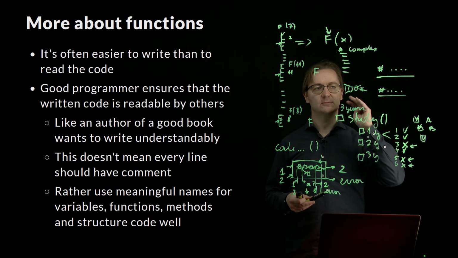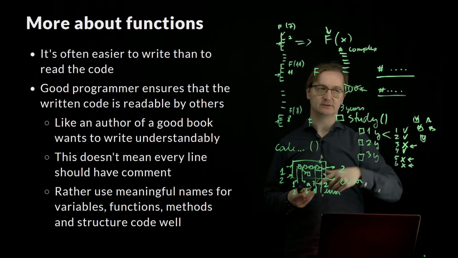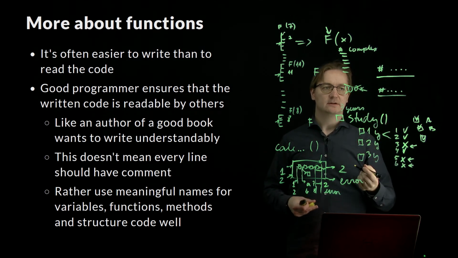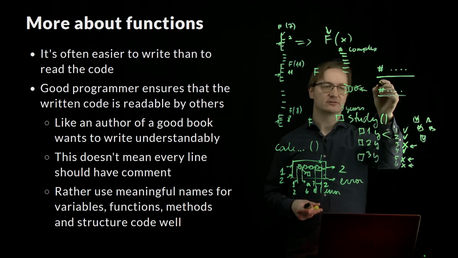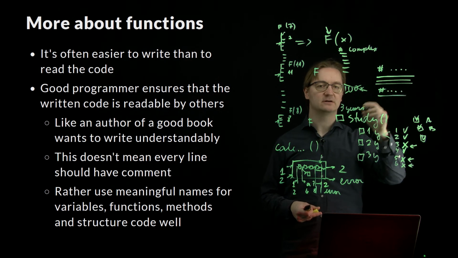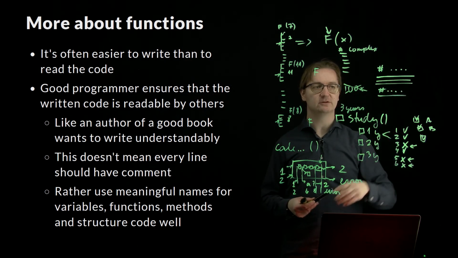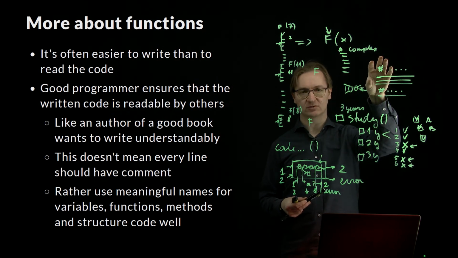One thing that can be done, for example: let's say there are several lines of code which are complex, and it might be useful at certain points to have comments here.